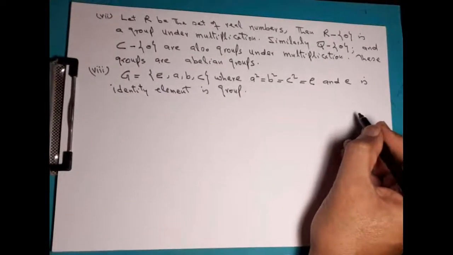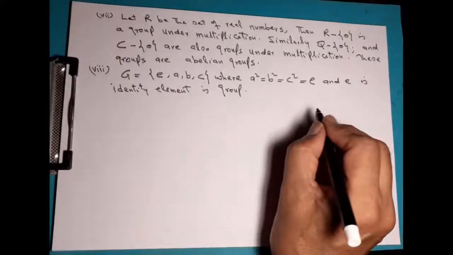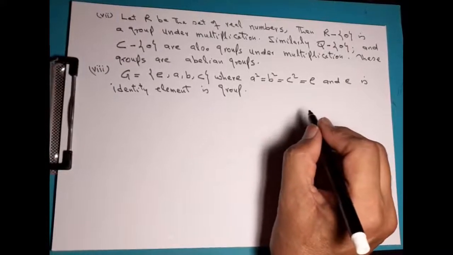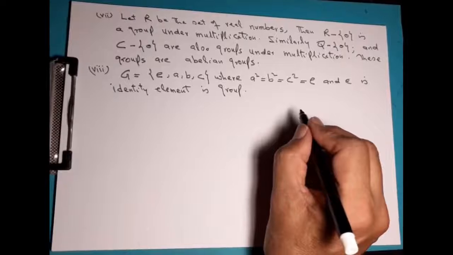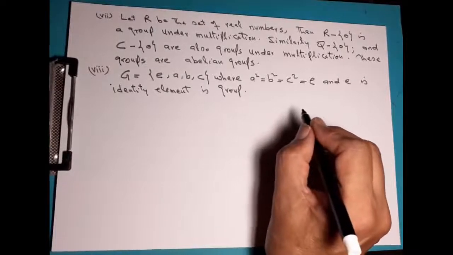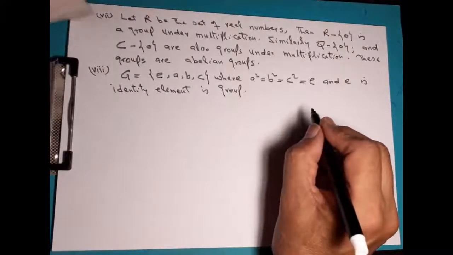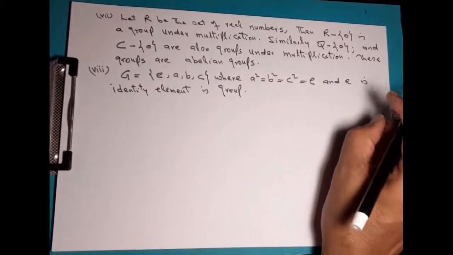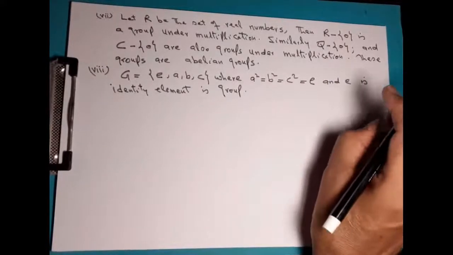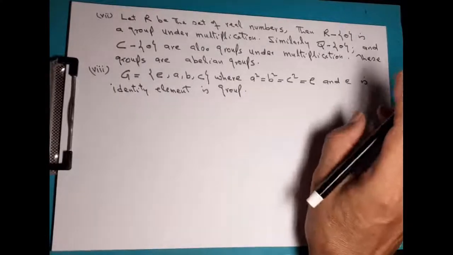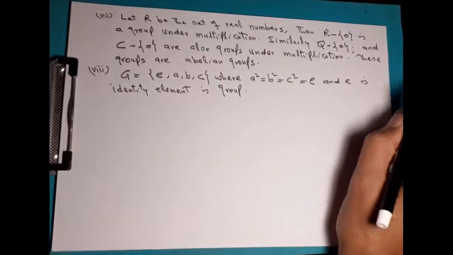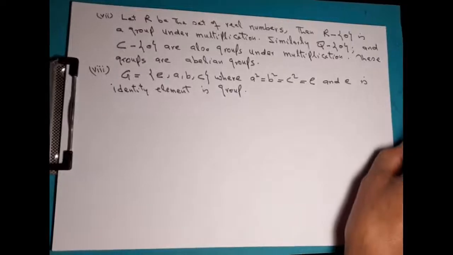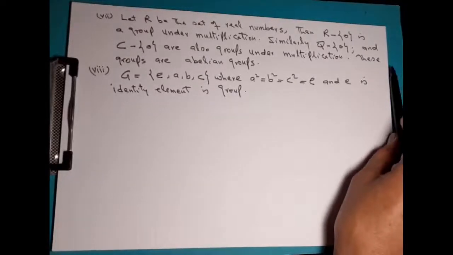So having said all these things, now we come to another concept, and that is the distributive law. Note that so far we have discussed only one binary operation on a set, and for that binary operation the properties we have discussed are the commutative property and the associative property.